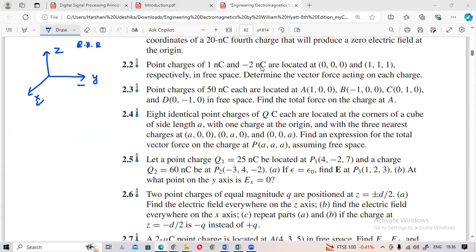One location is at A. That is X is 1, and Y and Z are 0. So this is location A. And location B: X is -1, Y and Z are 0, so -1, 0, 0.